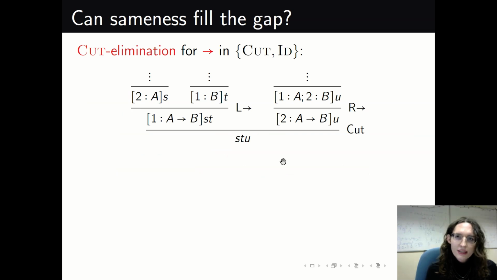Now let's look at the cut elimination proof for the right arrow rules in a transitive and reflexive derivability relation. So a derivability relation that is only characterized by a rule for cut and an identity axiom. At one point, as a part of this cut elimination proof, we will want to reduce the cut height or cut complexity over the principal formulae. And so we have a step like this that we would like to reduce.